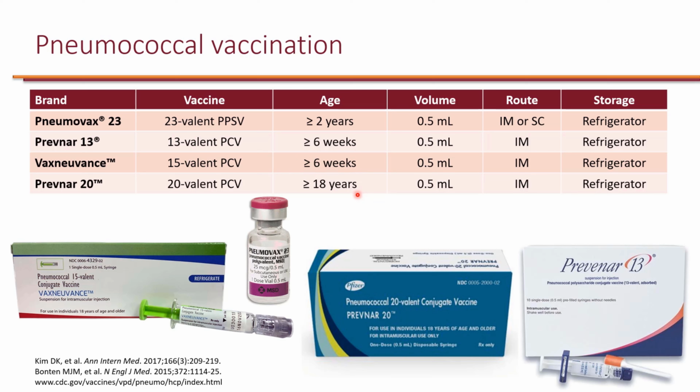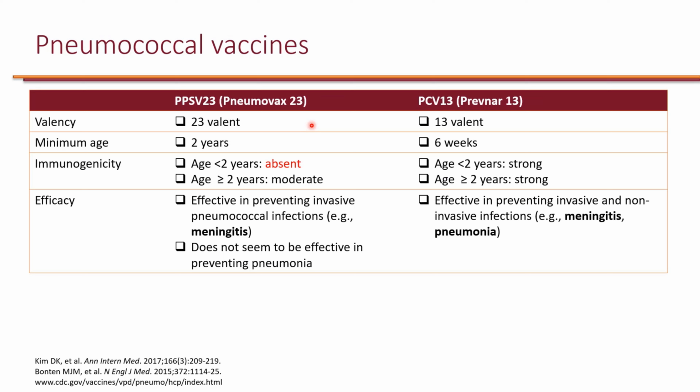And I anticipate in the next few months, Prevnar 20 will also get approval from the FDA for 6 weeks of age and older, but currently it's only available for adults 18 years or older. Let's take a look at differences between the two main types of pneumococcal vaccines, pneumococcal polysaccharide vaccine and pneumococcal conjugate vaccine. There are different modalities of vaccines.